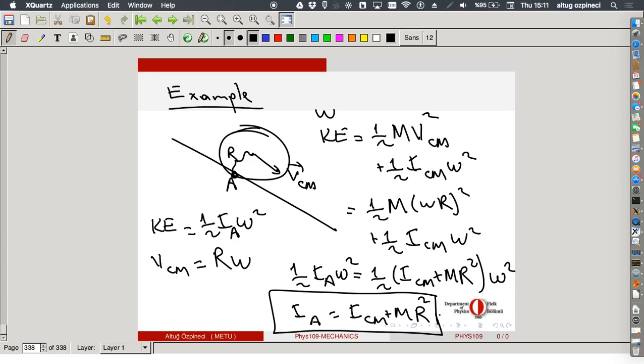Or you can interpret it in another way: if the parallel axis theorem is correct, if this is satisfied, then this kinetic energy written in terms of the velocity of the center of mass and rotations around an axis passing through the center of mass is equal to the kinetic energy obtained by writing it as rotations around this fixed axis, an axis passing through this fixed point. So if the parallel axis theorem holds, then these two kinetic energies are equal. And the kinetic energies have to be equal, so the parallel axis theorem has to be correct.